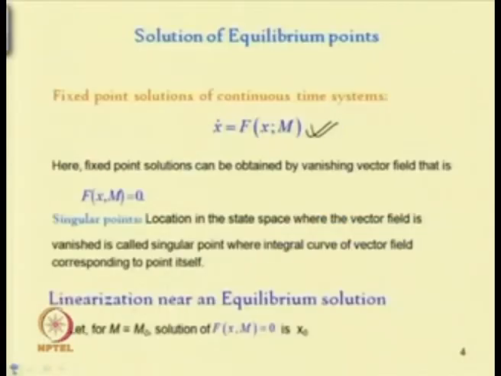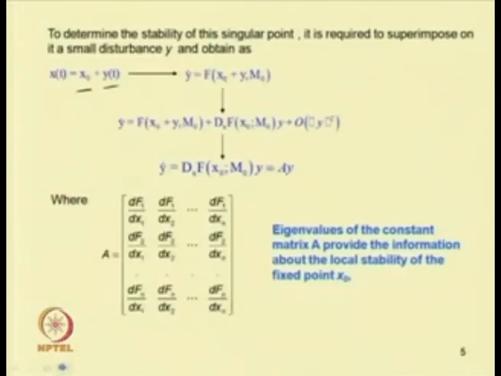Substituting this in the original equation x dot equal to f(x, m), we can write y dot equal to f(x0 plus y, m), and so y dot equal to d f/dx at x0 times y, or A y, where A is the Jacobian matrix of the system. Now by finding the eigenvalues of this Jacobian matrix, we can study the stability of the system.